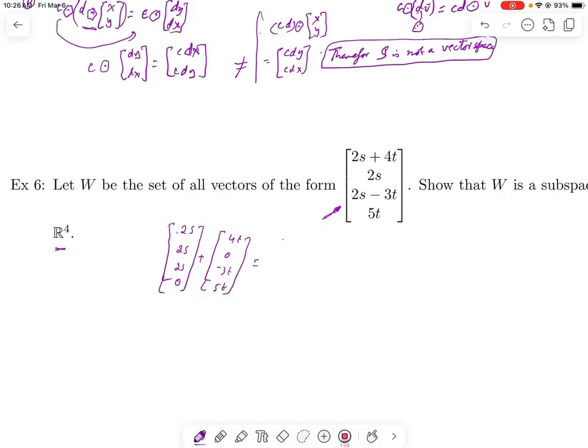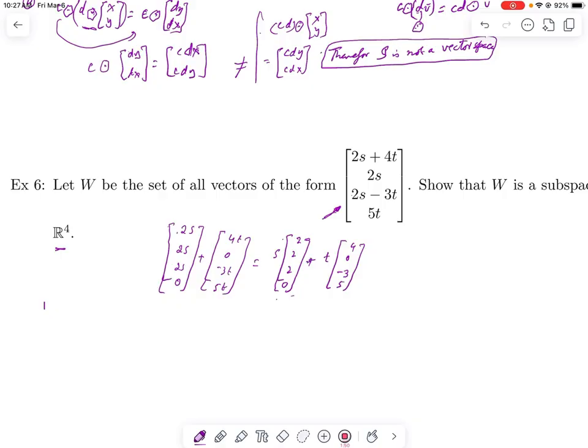It can then be thought of as s times (2, 2, 2, 0) plus t times (4, 0, -3, 5). So W has these types of vectors. We can basically just show that the zero vector is in there, and the sum of two such vectors, and then the scalar product of such vectors.